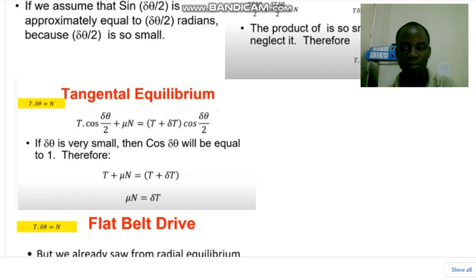If delta theta is very small, then the cosine of delta theta over 2 is equal to 1. Therefore we can conclude that the frictional force is equal to the increment in the tension, delta T.